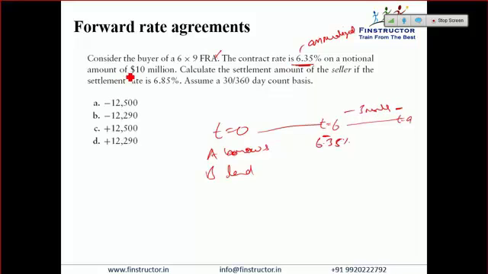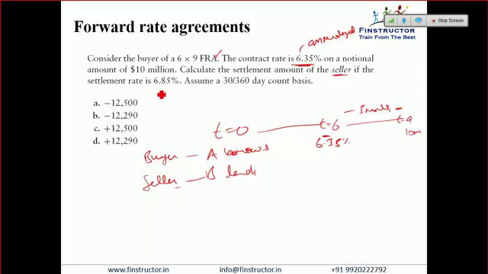And of course the notional amount is 10 million. So A will borrow $10 million at 6.35% and B will lend $10 million at 6.35%. The borrower is generally called the buyer in the agreement, and the lender is generally called the seller in the forward rate agreement.